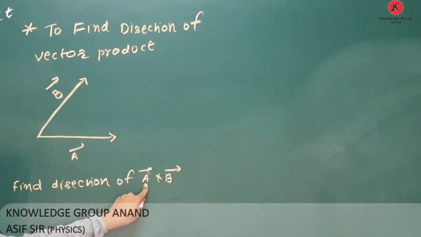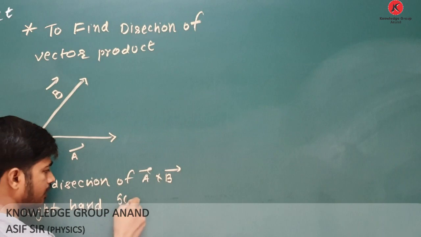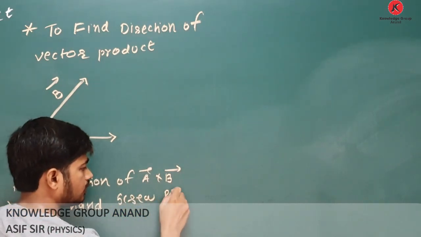Here the order of the cross product matters. A cross B means the first vector is A, always A first. We have to find its direction. The method is the right hand screw rule.